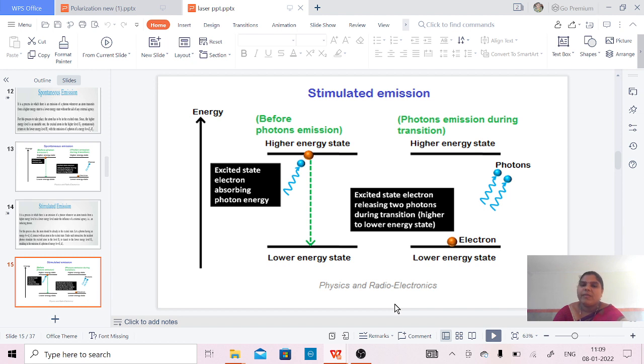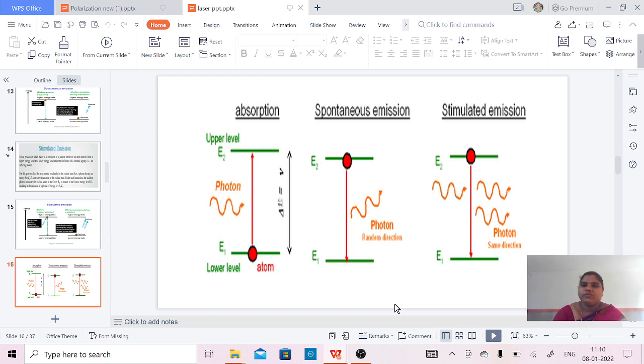That means we are applying external energy. So here we are getting two photons of energy h nu. Just observe the difference between the absorption, spontaneous emission and stimulated emission.